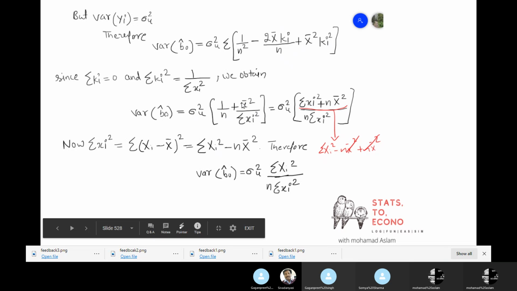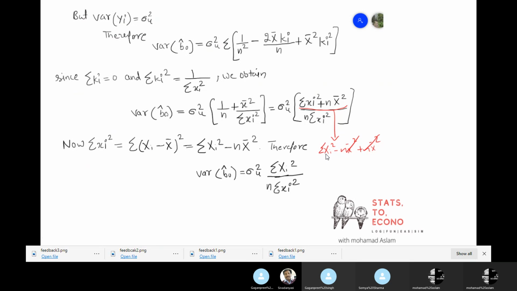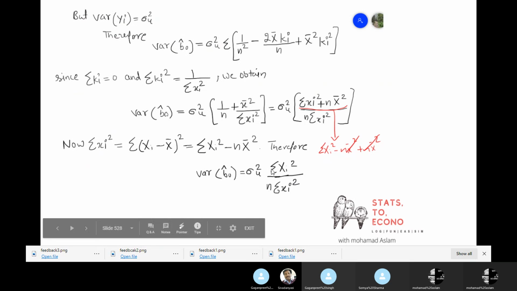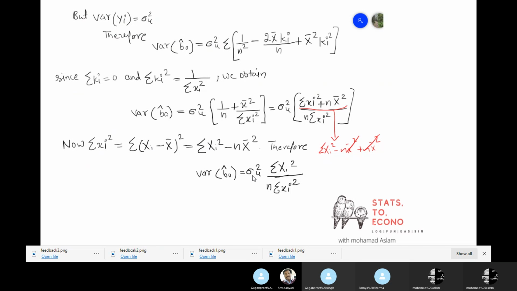Now this particular term is solved in this form: summation xi square is equivalent to this particular part, and if we add this part, it will cancel out. So in the end we remain with this formula, sigma square summation xi square over n summation small xi square.